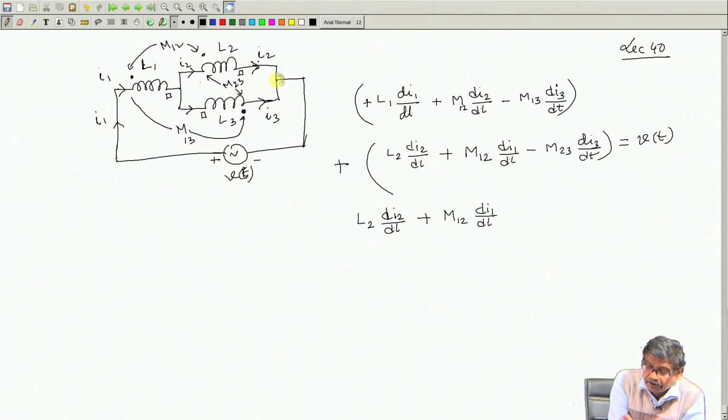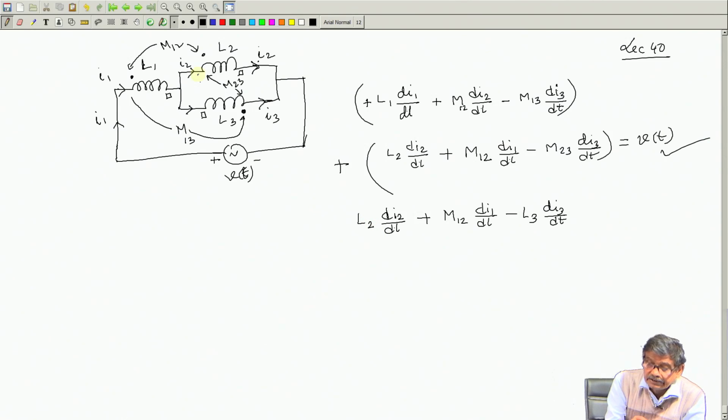Then you reach this point, then from this to this you are coming. So, it will be minus L3 di3 dt in this loop I am writing. So, this is okay, na?